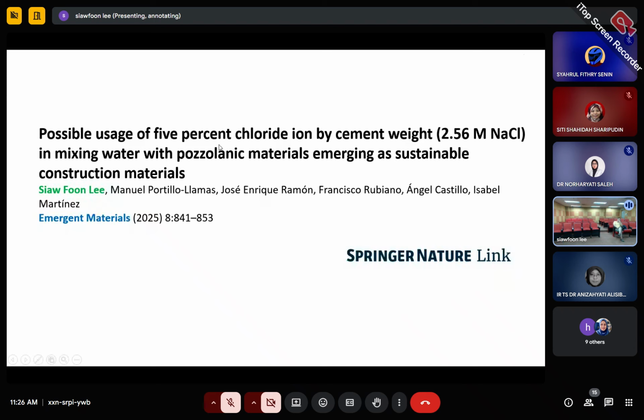Okay. And another study is I studied the possibility of using recycled products. You know, nowadays people talk about recycling. In some of the solutions discharged by some of the industries, they contain a very high concentration of chloride, sodium chloride.